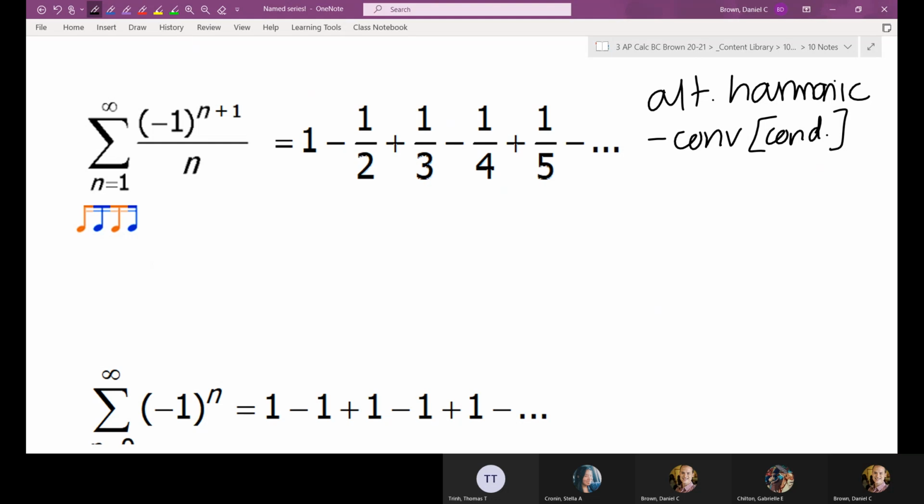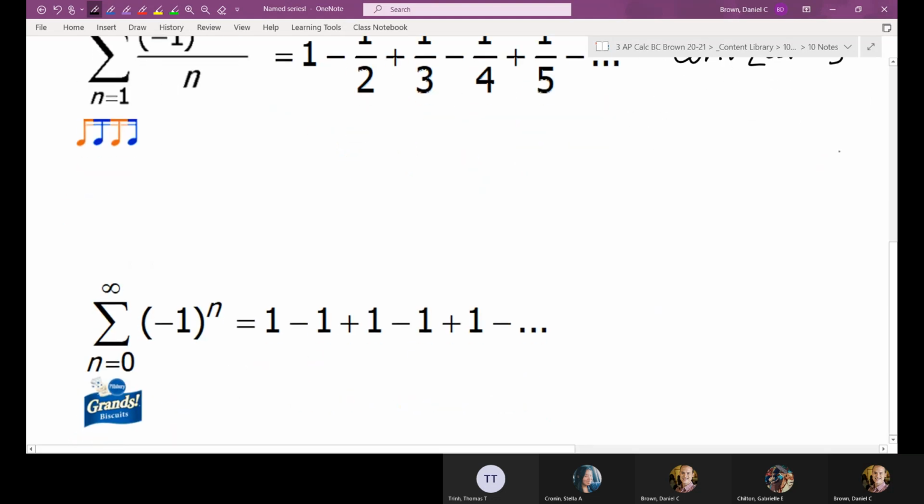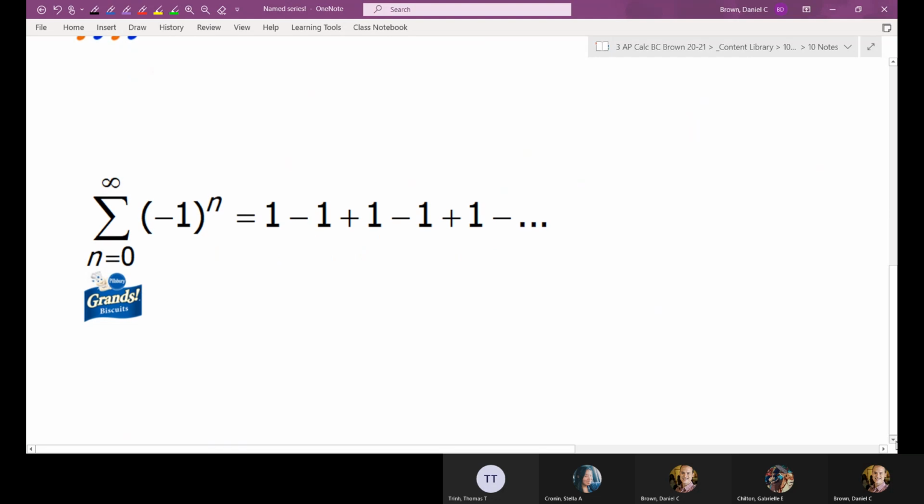And then the last one that you never have to justify, even though you can prove it with the nth term test, is this series where it is alternating, but it's just switching between 1 and -1. This one has a name, it's named after a mathematician, it's the Grandi series.